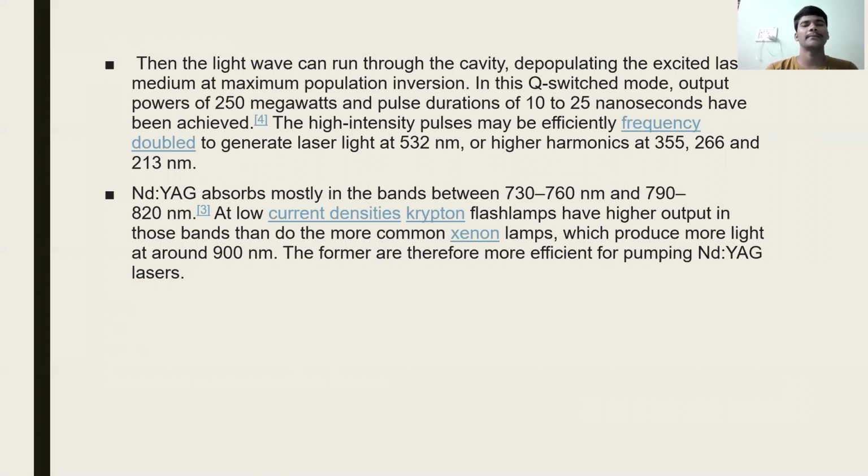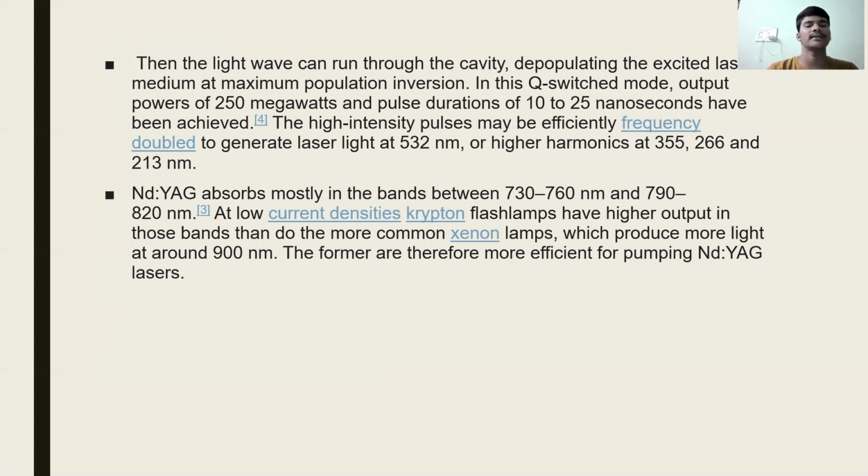The high-intensity pulses may be efficiently frequency doubled to generate laser light at 532 nanometers, or higher harmonics at 355, 266, and 230 nanometers. Nd:YAG absorbs mostly in the bands between 730 and 760 and 790 to 820 nanometers.